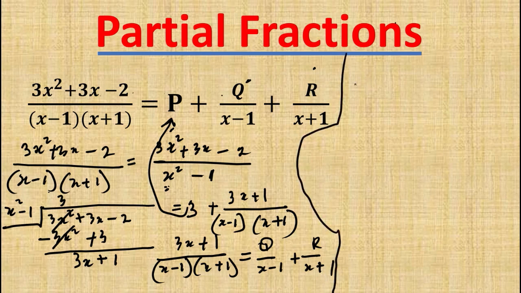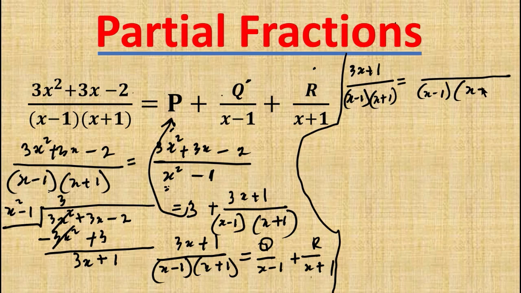Next, we want to take an LCM of both x minus 1 and x plus 1, so that my 3x plus 1 all over x minus 1 into x plus 1 will be the same thing as, here is x minus 1 into x plus 1. Then x minus 1 in x minus 1 plus x plus 1, I'll be left with x plus 1. I'll have q into x plus 1 plus r now into x minus 1.